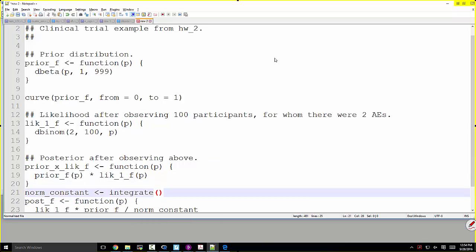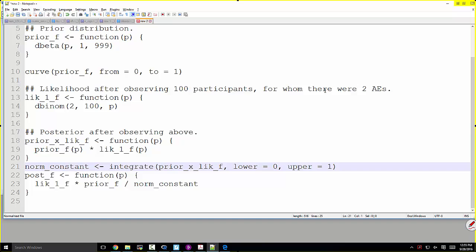Now integrate that. Integrate the function prior x like f. The integrate function has lower and upper arguments. So from 0 to 1, integrate that. And then that's what goes in the denominator of the posterior calculation.